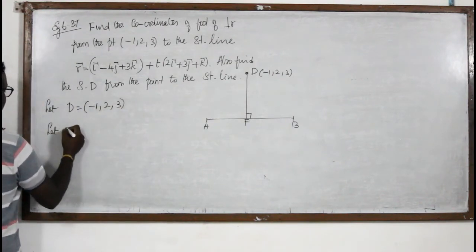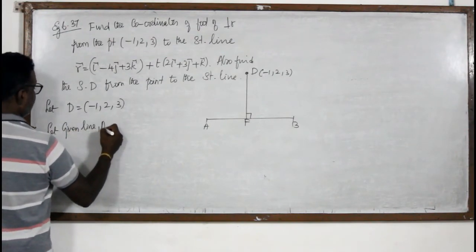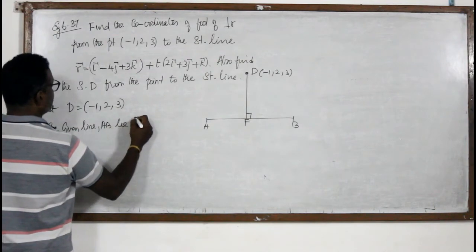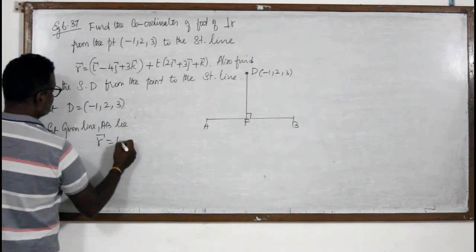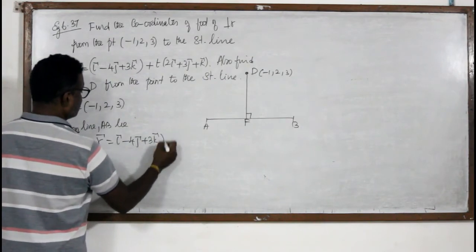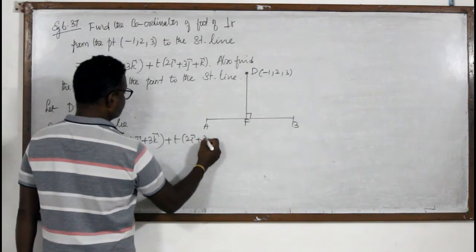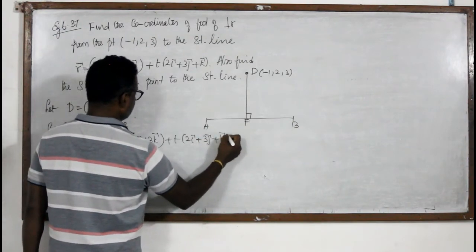Let the given line AB be r vector equals i minus 4j plus 3k plus t times (2i plus 3j plus k).